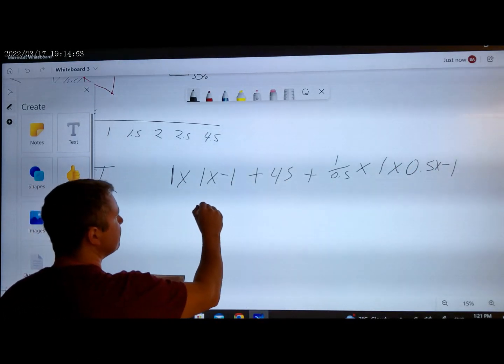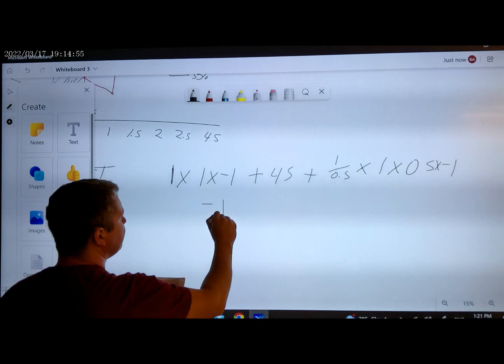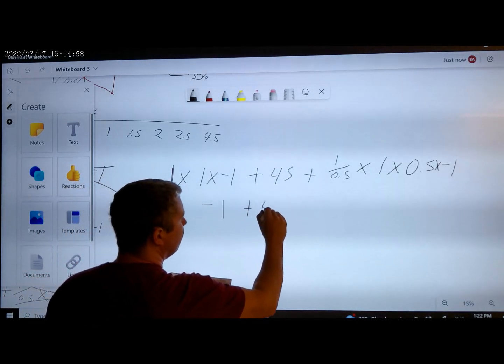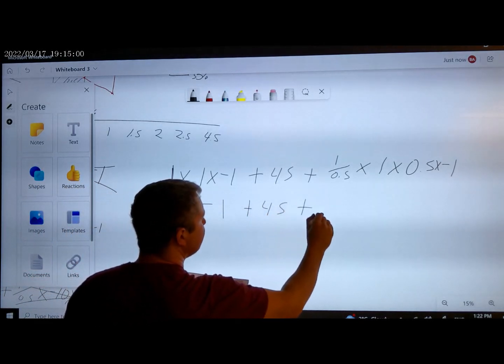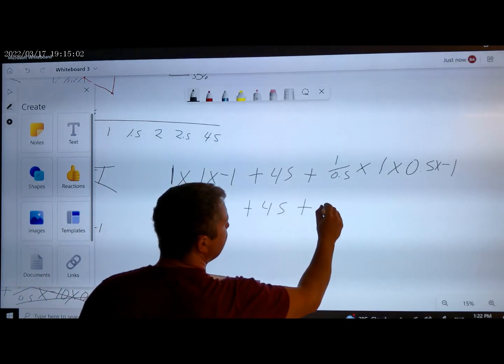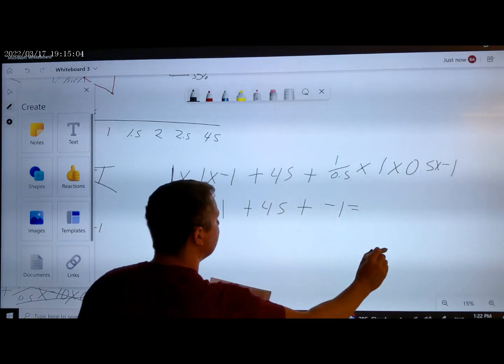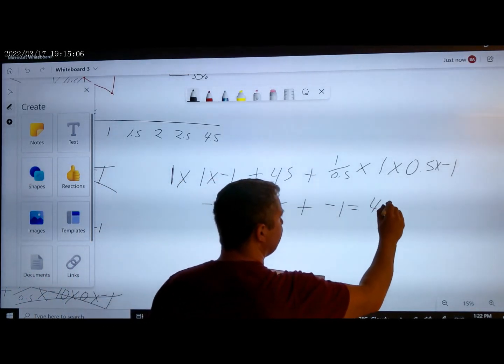That's going to give us minus 1 plus 45 plus, and that will be minus 1, which equals 43.